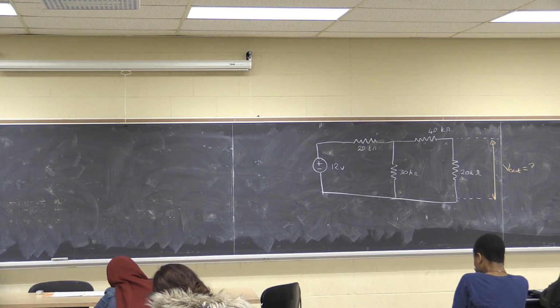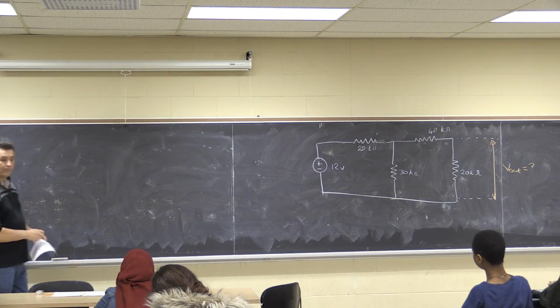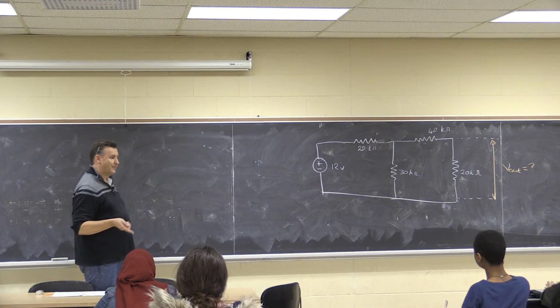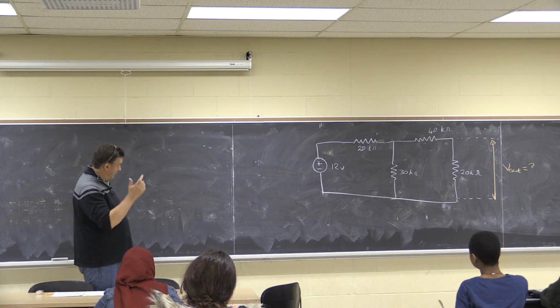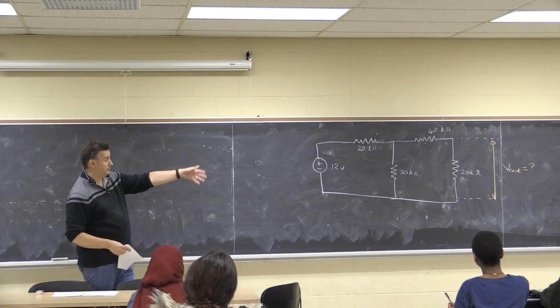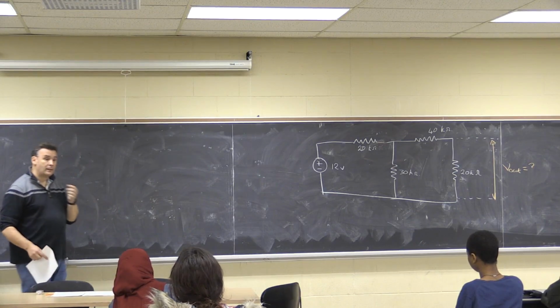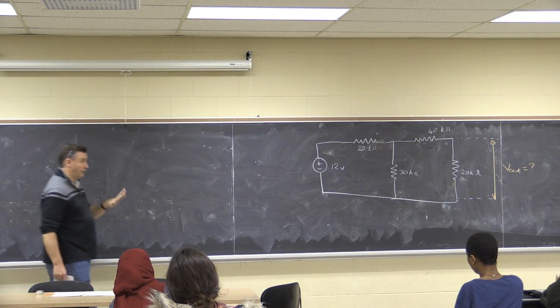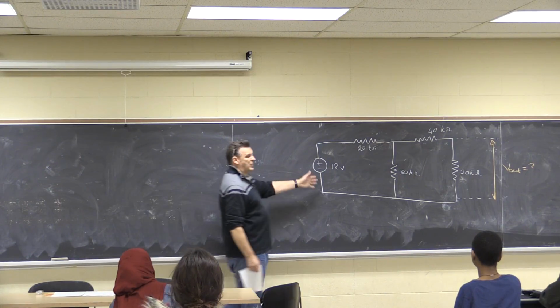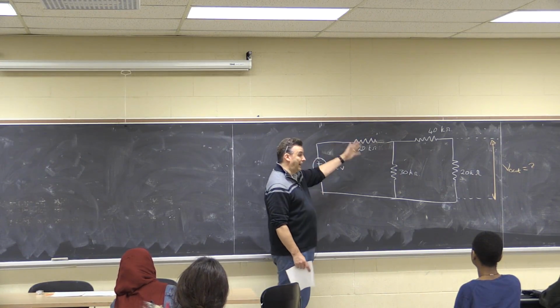So how could you do this problem? That's one way. If I knew the current through that 20 kilo ohm resistor at the right-hand side, I'd know the voltage. So that would be an idea, if I knew the current flowing through this circuit. But I can't easily get the current because I don't know yet what that current would be.